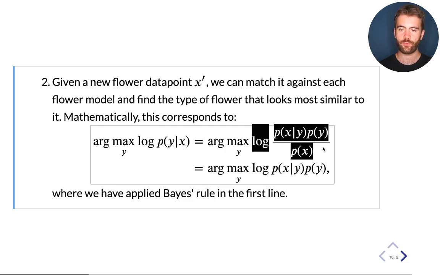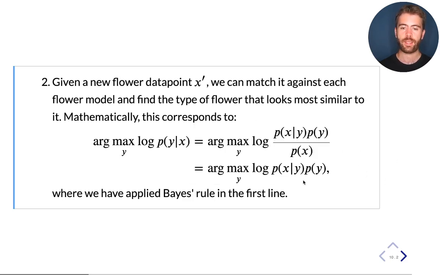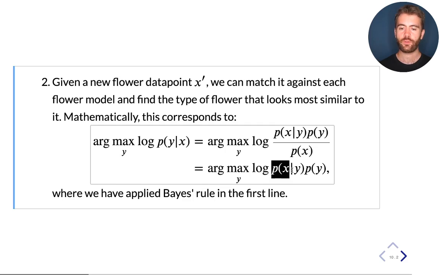Here is the following expression that you see on the right. And now the maximum of the class, the most likely class, is given to us by the model that explains this X the best. So we will output the class such that the probability of X given Y is the highest under this class.